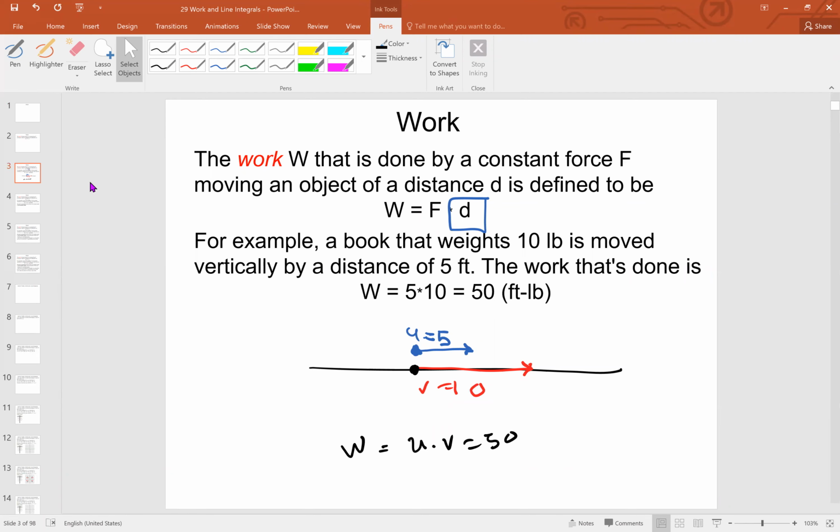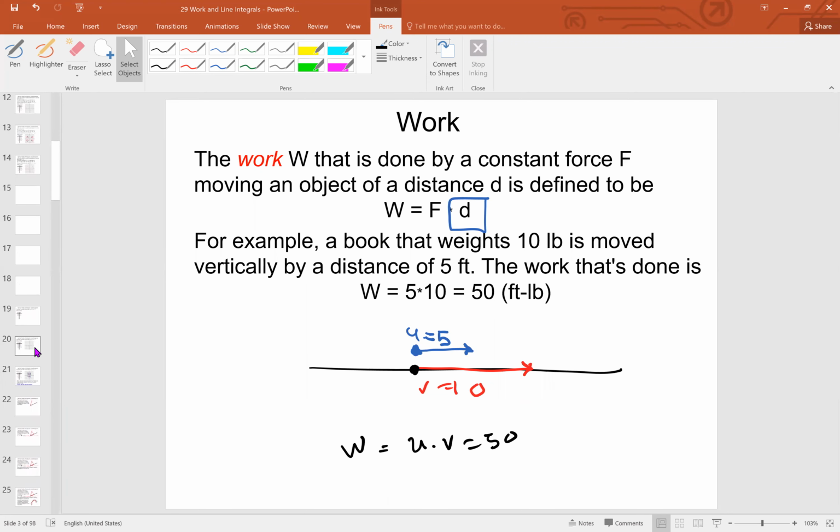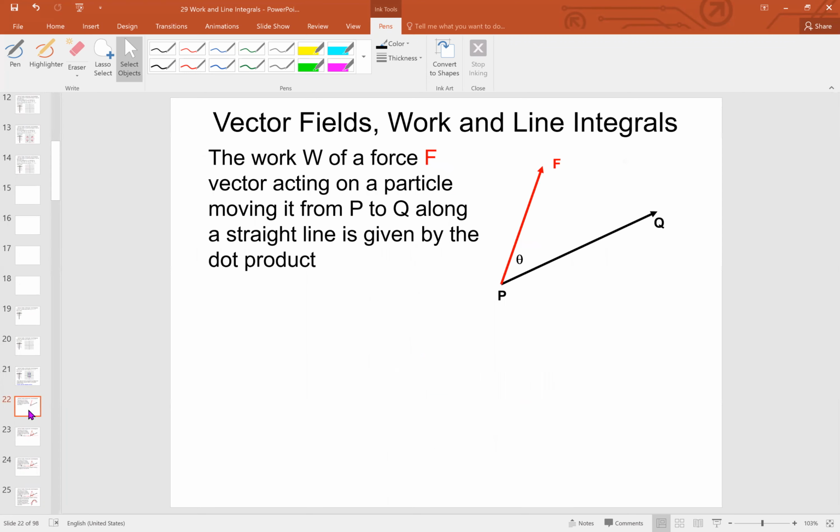This turns out to be one very useful interpretation for a dot product, because if I expand these into two-dimensional vectors, I have a force which gives the direction, and the length of the force is its measurement.